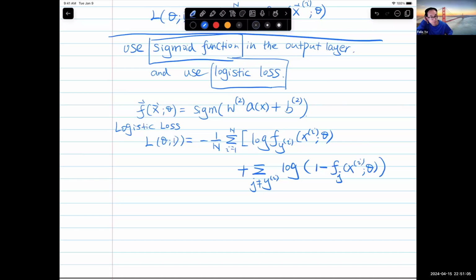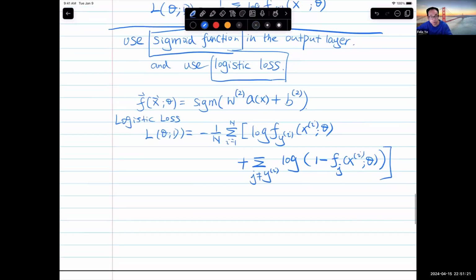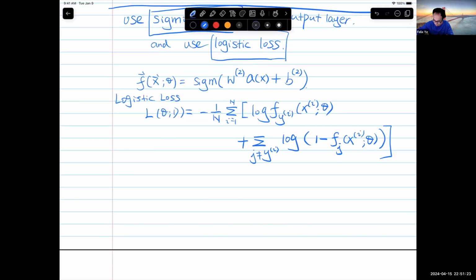Okay, and the same thing here. We can use the idea of the one-hot encoding, with the one-hot vector.